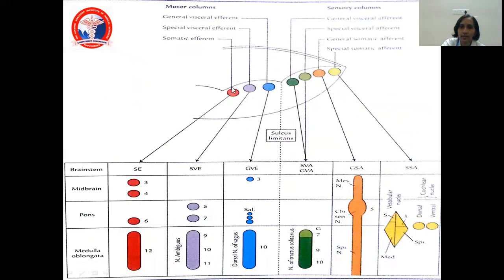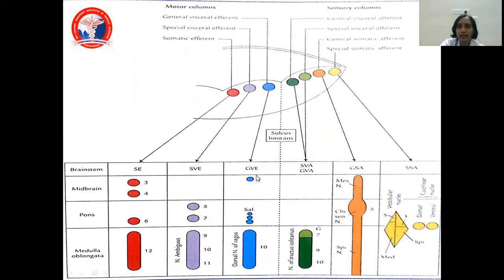The first is the somatic efferent, which is having the oculomotor and the trochlear nucleus in midbrain, abducent nucleus in pons, and the hypoglossal nucleus in medulla oblongata. The special visceral efferent, the second component, is having the motor nucleus of trigeminal, motor nucleus of facial, and nucleus ambiguus for 9th, 10th, and 11th cranial nerve.